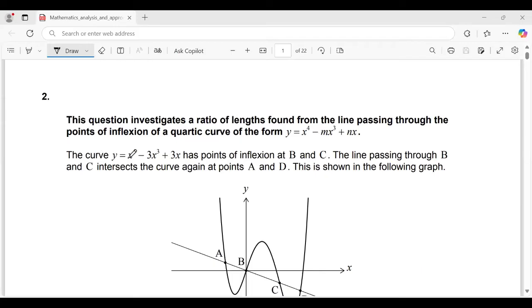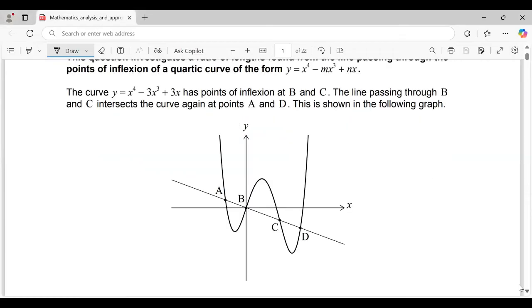The curve y equals x power 4 minus 3x cubed plus 3x has points of inflection at B and C. The line passing through B and C intersects the curve again at points A and D. This is shown in the following graph.